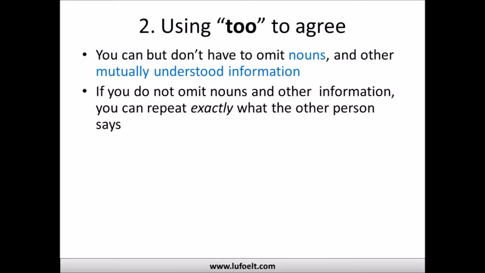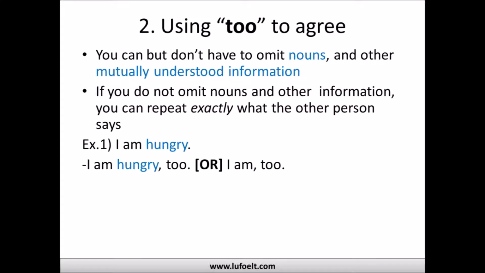And if you do not omit those nouns and other information, you can repeat exactly what the other person says and just add too at the end of it. So let's take a look. I am hungry. And if you want to agree, you can say, I am hungry too, or just, I am too. Okay, so the first example, we're just repeating exactly what the other person says. And the second example, we are omitting the noun.